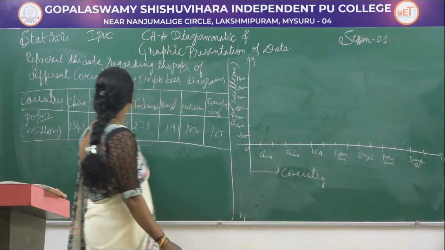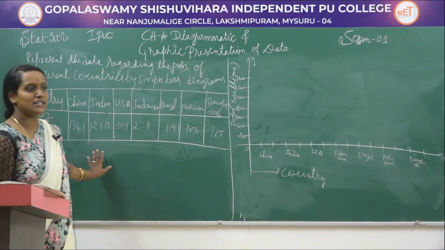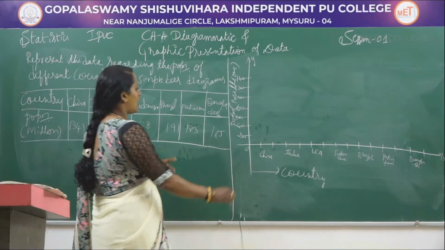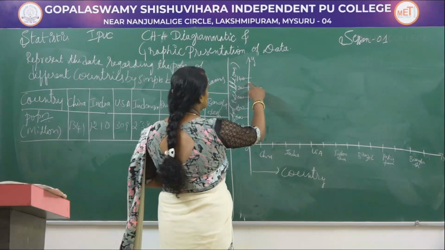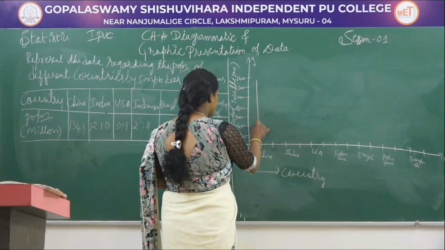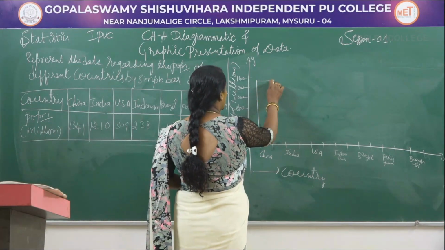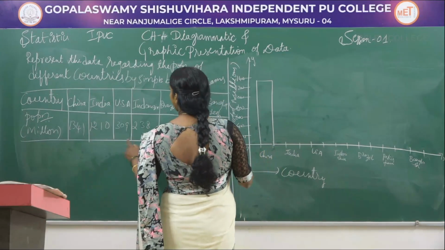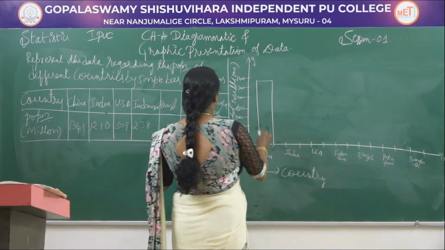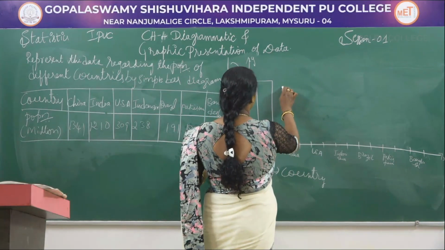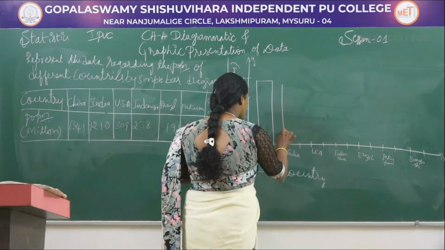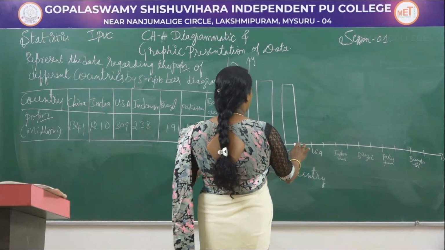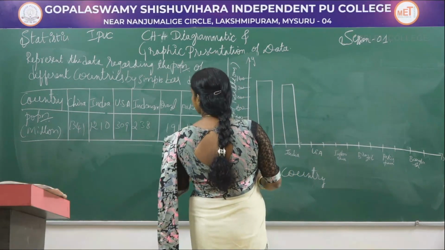And we have to draw the simple bars for this. For China it is 1341, 1300 here, 341 it will come here. If you are using the graph sheet, you will get the exact scale. For India it is 1200, using your graph sheet you can get the exact one.